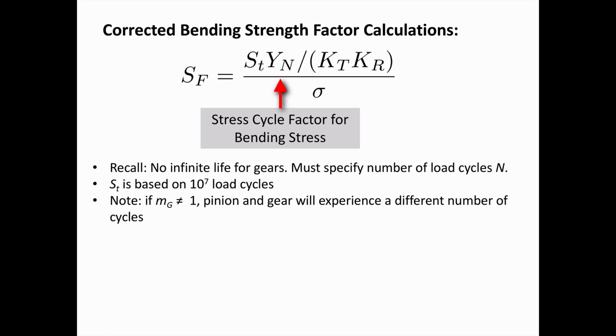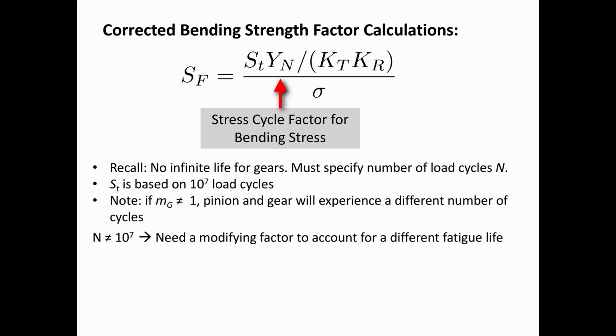And if we have a speed ratio other than 1, we'll have a pinion and gear that are different sizes. And over the life of the gear set, the pinion, assuming it's smaller, is going to have more cycles than the gear. So what if we have a number of cycles we want to design for other than 10 to the 7th? We need a modifying factor to account for a different fatigue life.